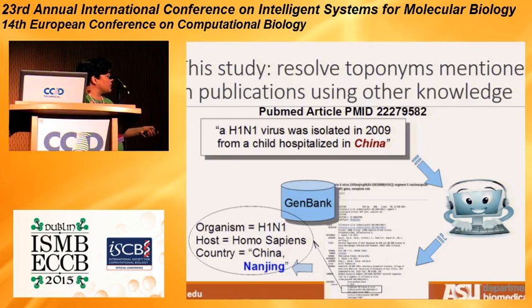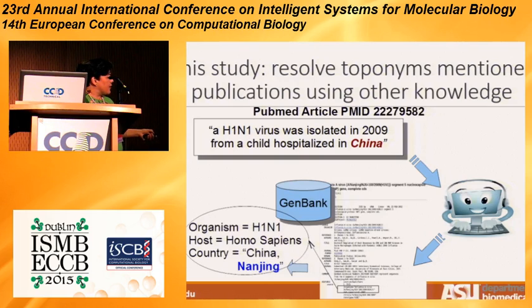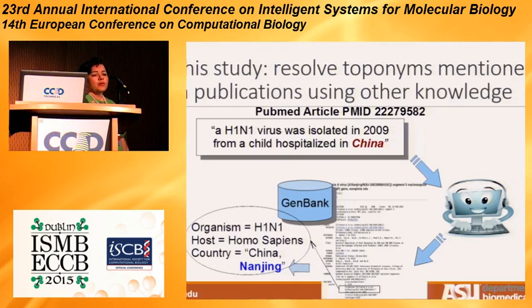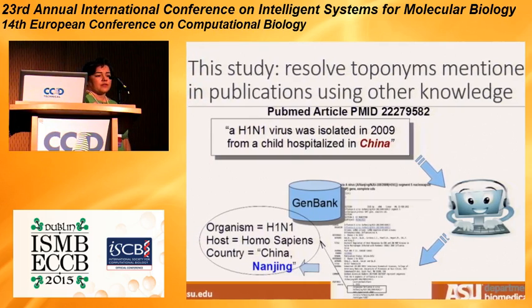By double checking, many publications refer to more than one GenBank record, so it's not a one-to-one match. You have to find the most adequate one. In this case, our engine points out Nanjing as the more specific location for this collection site.